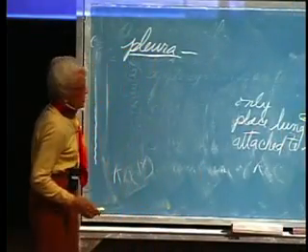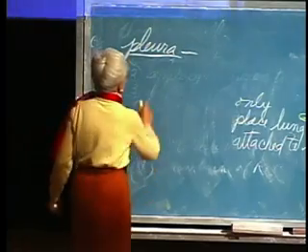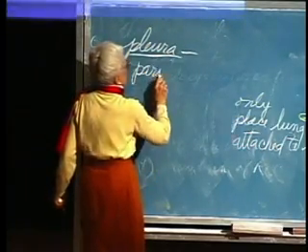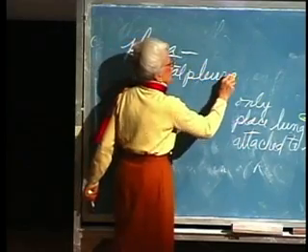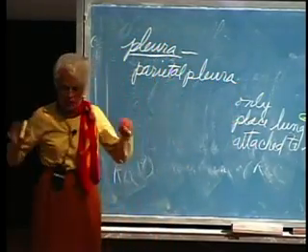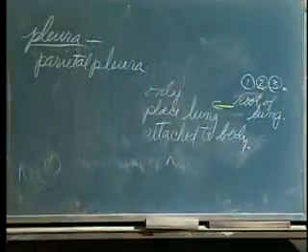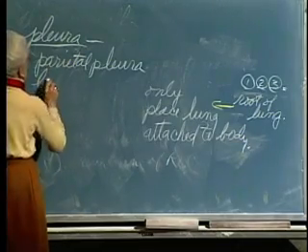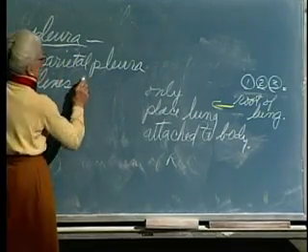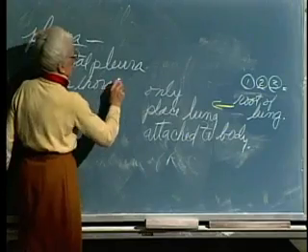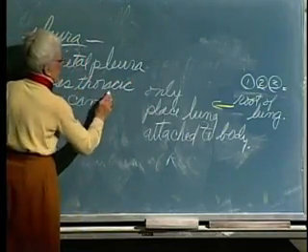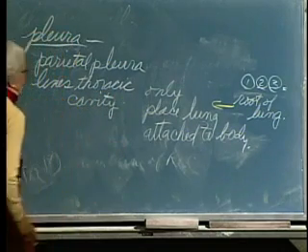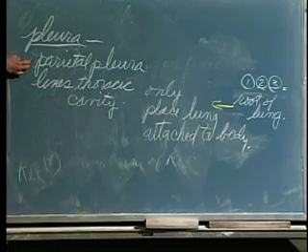So we'll have a parietal pleura, and it will be lining the thoracic cavity. And what are we going to call the pleura that covers the lungs?